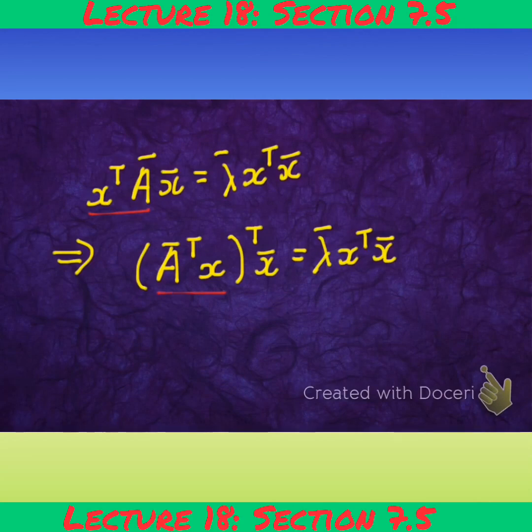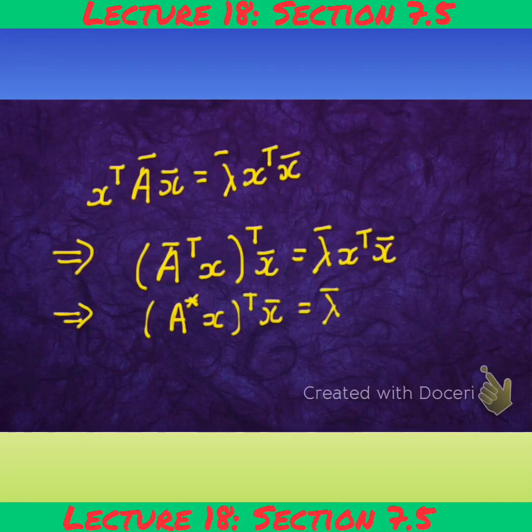That's just by transpose laws. Right, so what can we say from there? We can say that you can replace that with A's complex conjugate. And we know that the matrix A is Hermitian, so therefore I can replace A star with A.